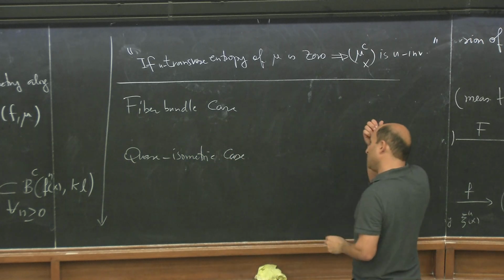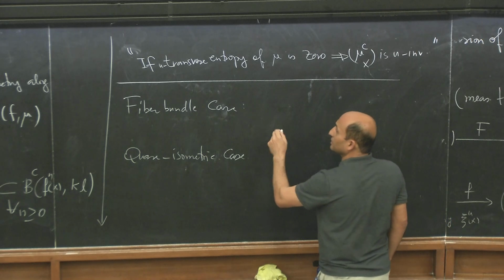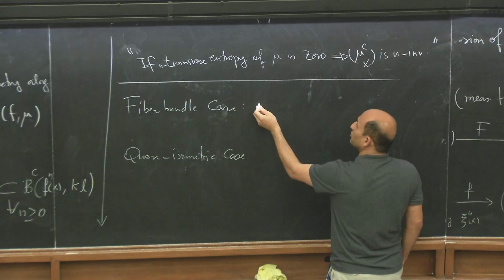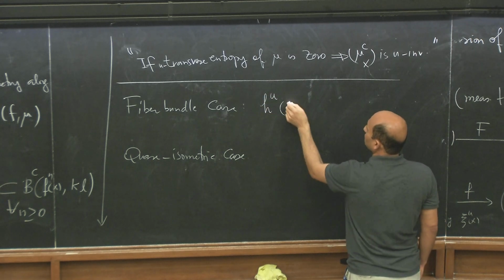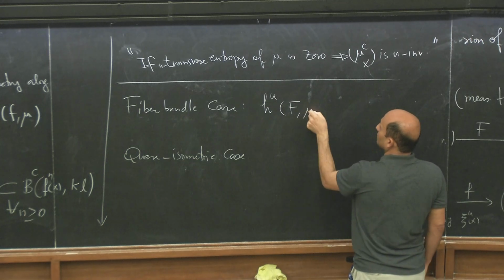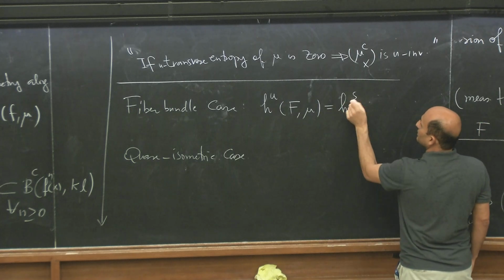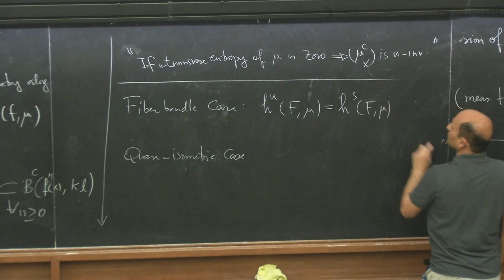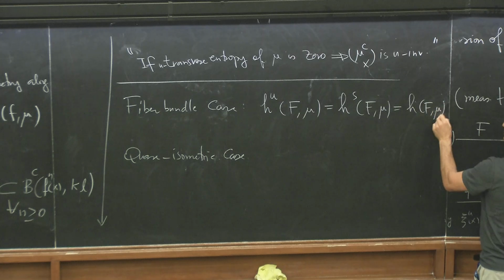So let me suppose something further. Suppose that the entropy of mu of f is equal to entropy S of f, which is equal to the entropy of f.